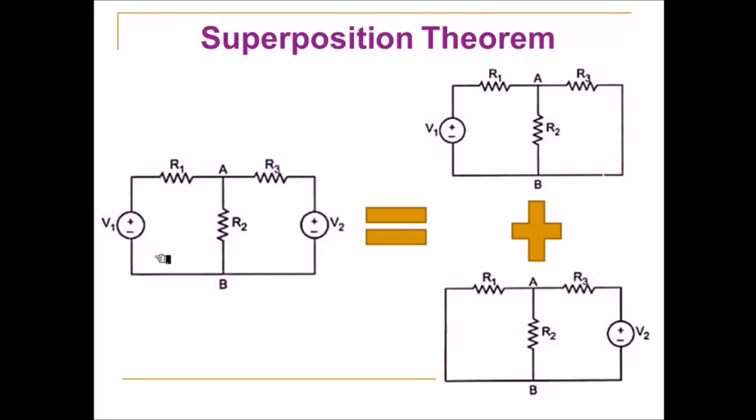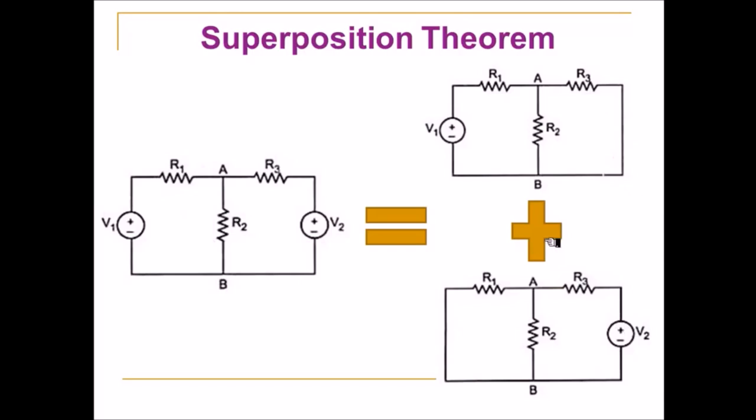So this is what is present on the left hand side. On the right hand side, we have two circuits. Circuit 1 consists of the V1 source on and V2 removed, or V2 off. Circuit 2 consists of V1 off and V2 on.